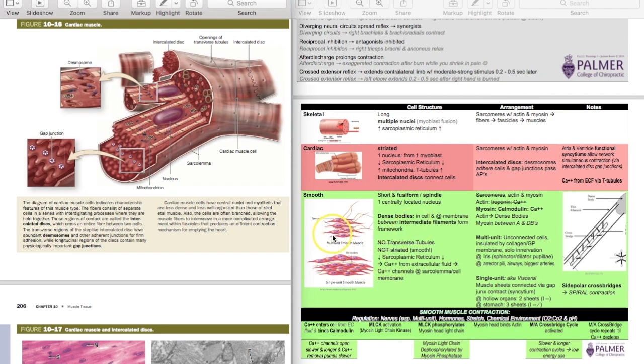The top of this picture on the left says multi-unit smooth muscle. The bottom is single unit smooth muscle. Right away you can see lots of little threads going to the multi-unit smooth muscle. These are individual nerves innervating each of these different cells, because each of these smooth muscle cells is innervated separately, multi-unit, multiple nerves making up one unit.